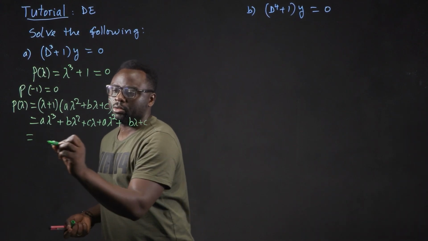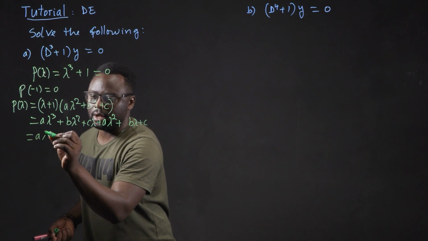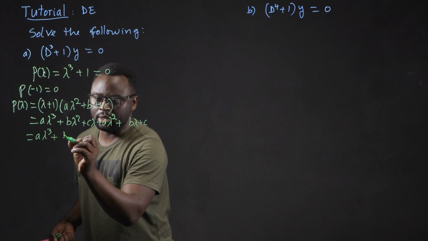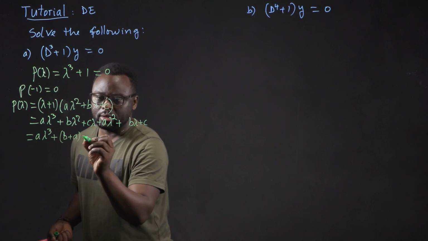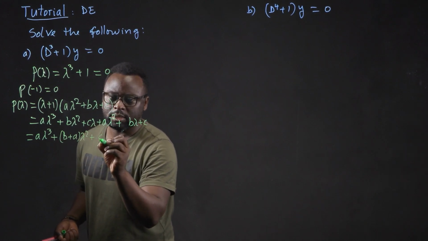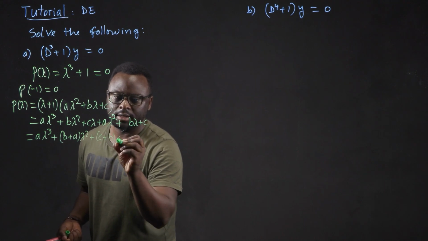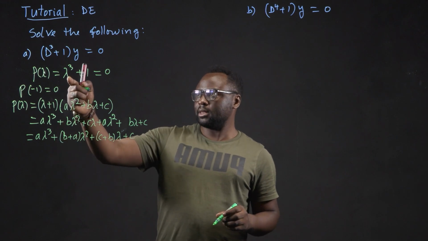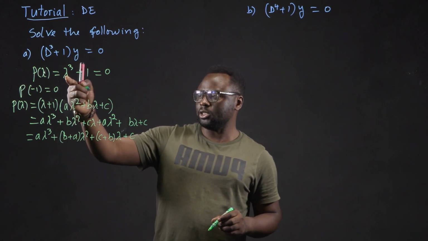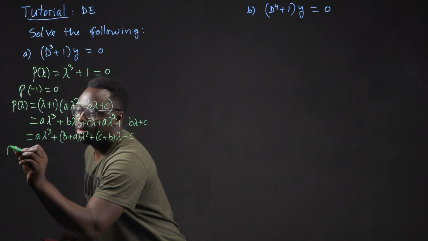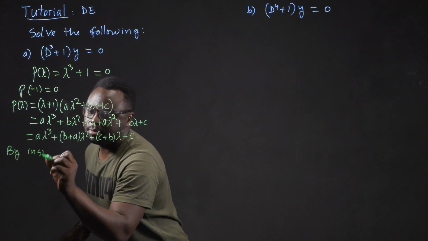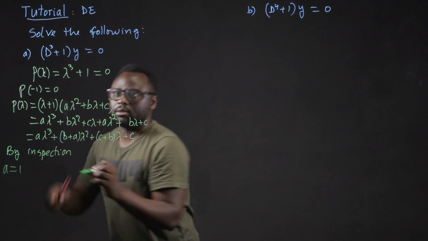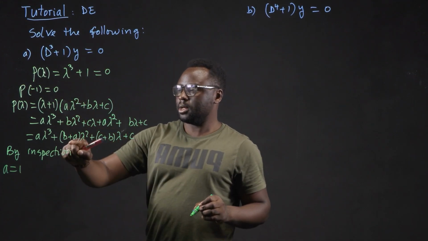If we write lambda cube, lambda square together, this is b plus a times lambda square, plus c plus b times lambda, plus c. By inspection, we know that the coefficient of lambda cube here is 1, so a is equal to 1.